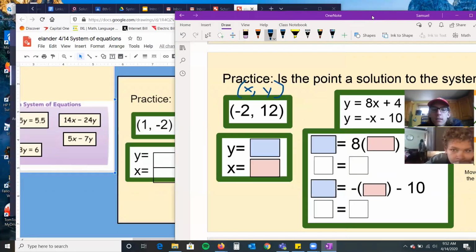All right. So you can put your answer in the box. I got one that says not a solution. What do you guys think? Maybe it is, maybe it isn't. What do you think?